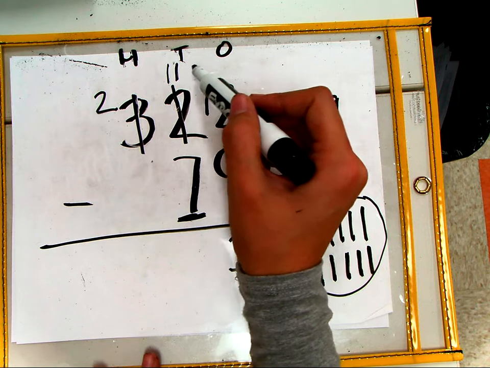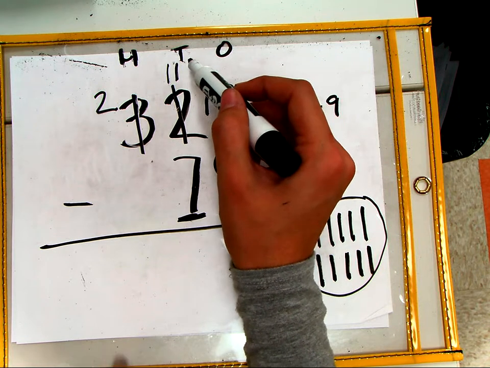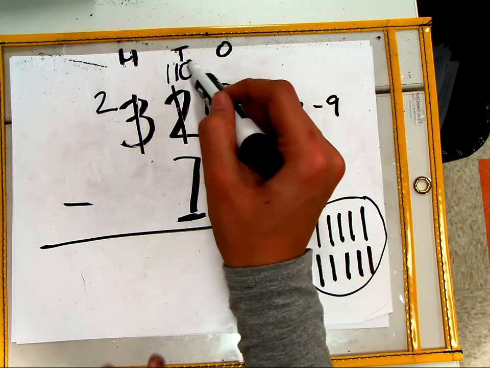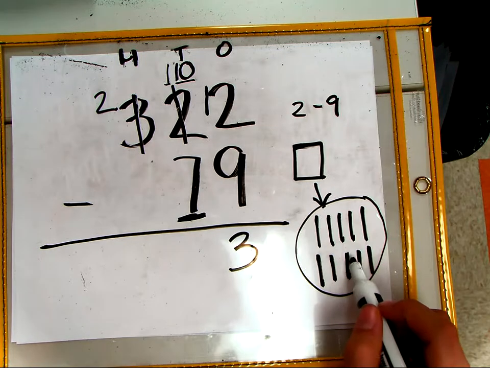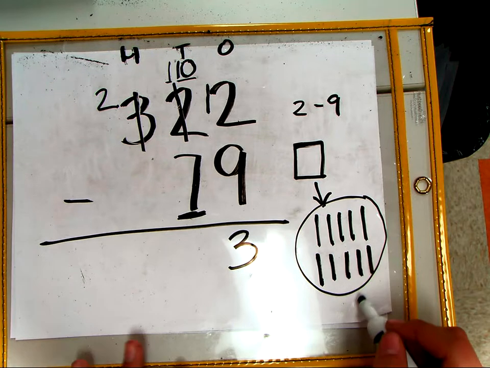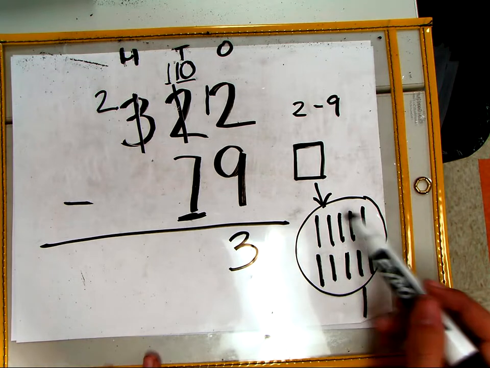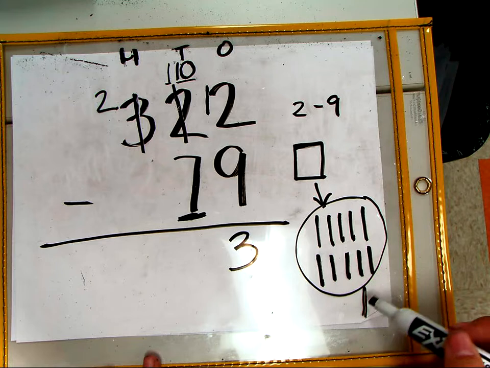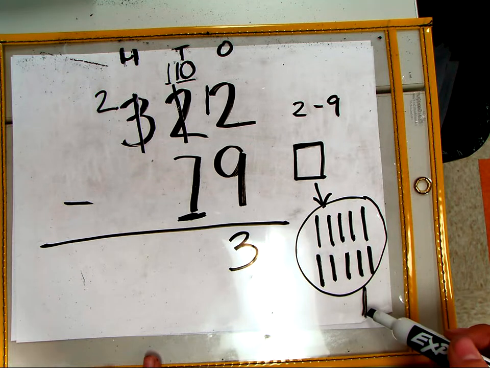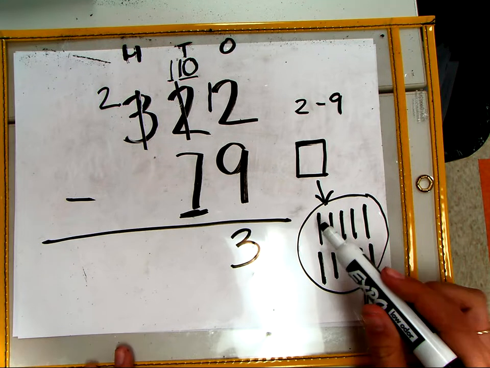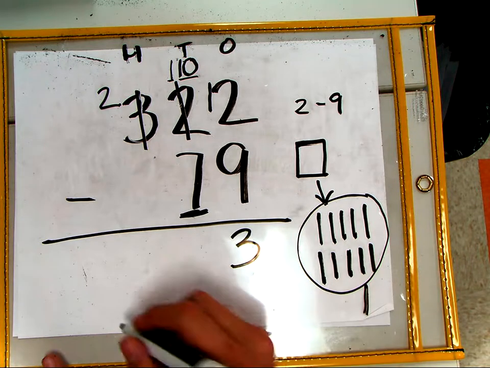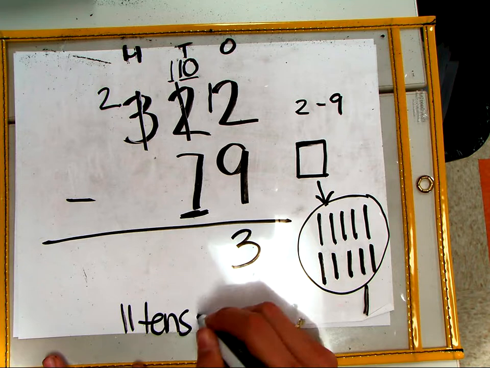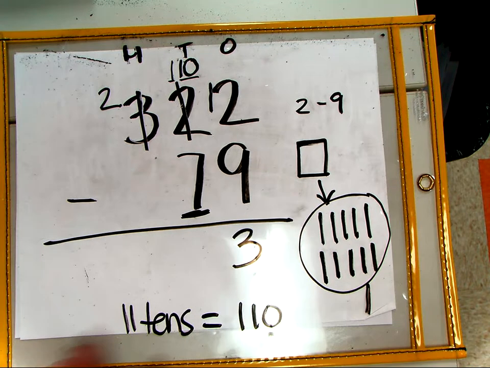Students have learned this trick where if we just add a 0, that gives me 110. They might also need to see it as a picture. So 11 tens, if I just add one more, 100, one more is 110. If they need to see it as a picture, encourage them to draw that on the side. But they need to understand that 11 tens is the same thing as 110.